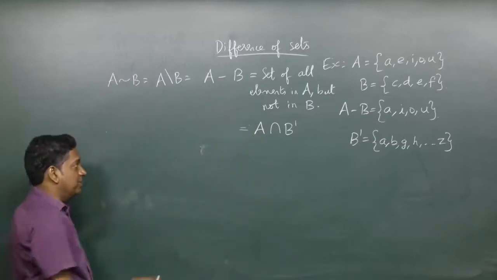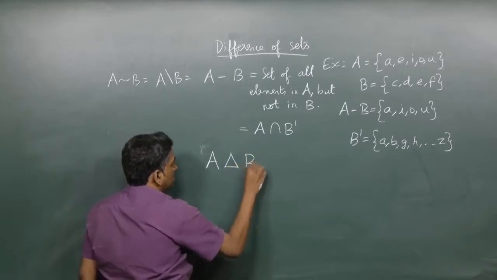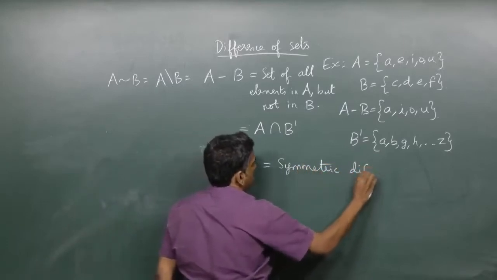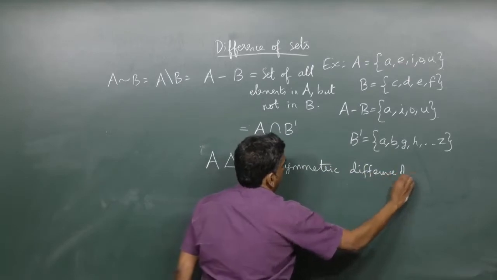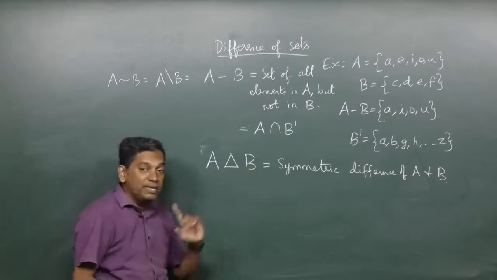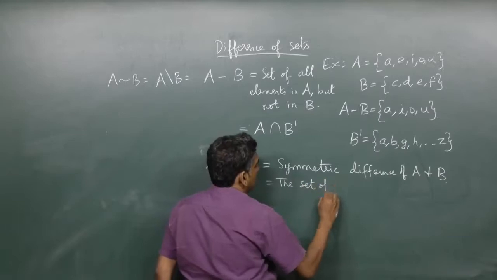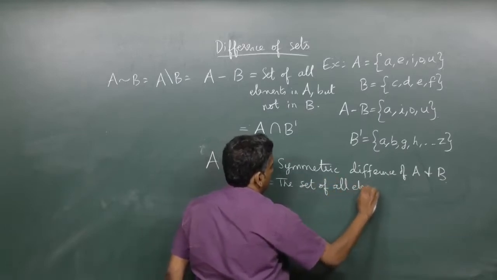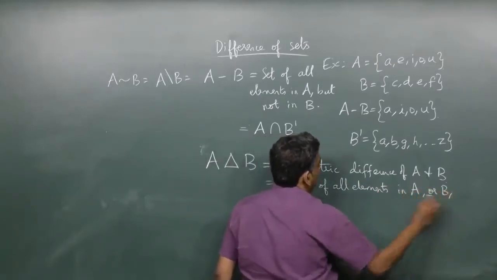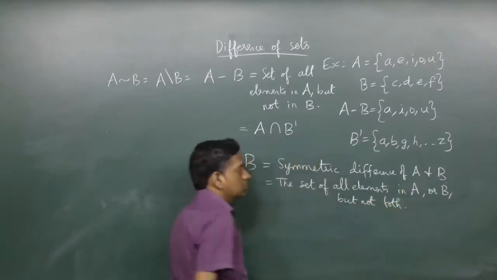The next definition that we need to know is the symmetric difference of A and B. This is A delta B. This is the set of all elements in A or B but not both.